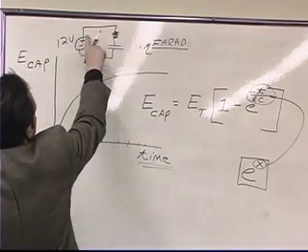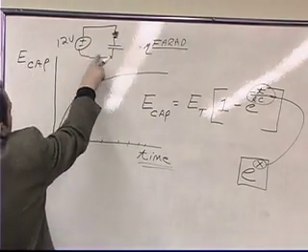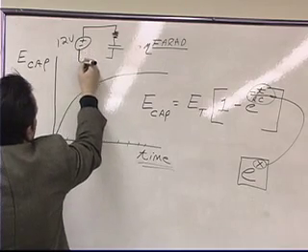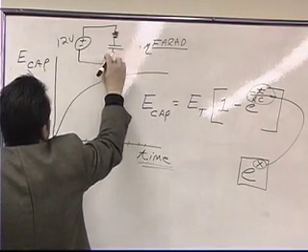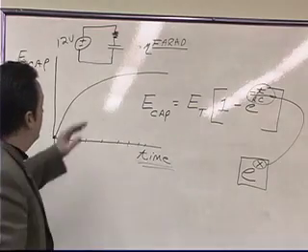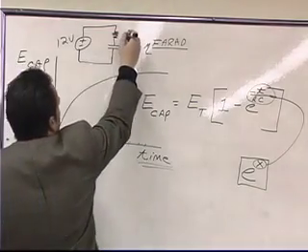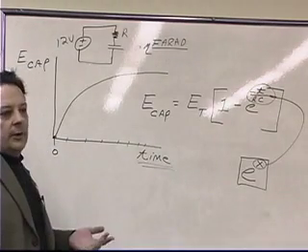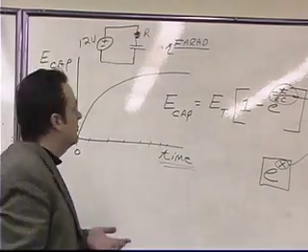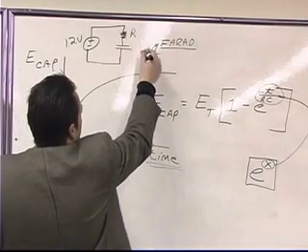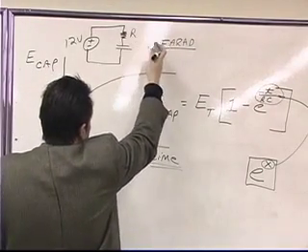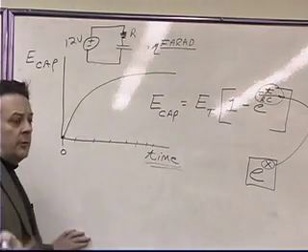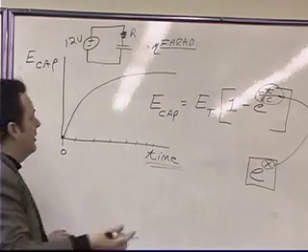So if we look at this circuit right here, really all it is is the same circuit that we had before. All we've done is lump the resistance of the wire into one resistor. And it might be a very small resistance. It might be 0.05 ohms. And then the capacitance, again, is going to be some number of farads or microfarads or millifarads or nanofarads or whatever.